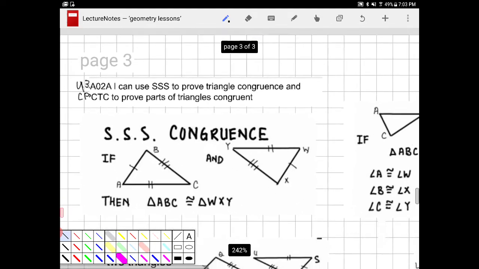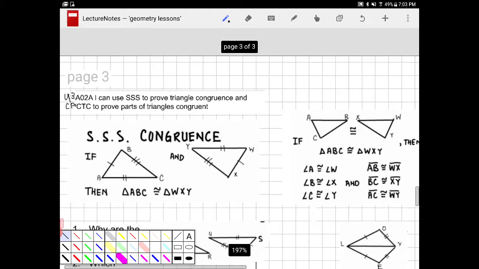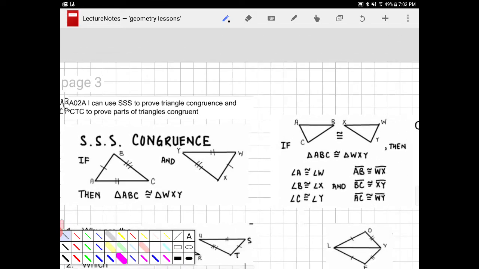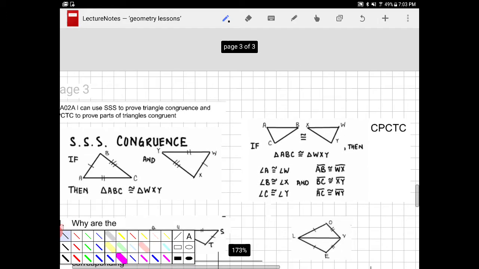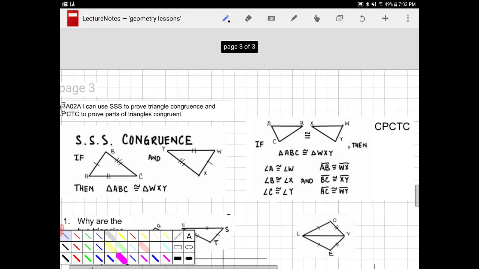All right, so for this lesson, we will need these two facts right here. So take a moment and write this down for yourself. SSS is actually an acronym. It stands for side, side, side. If we have all three sides of a triangle, these corresponding sides are congruent.